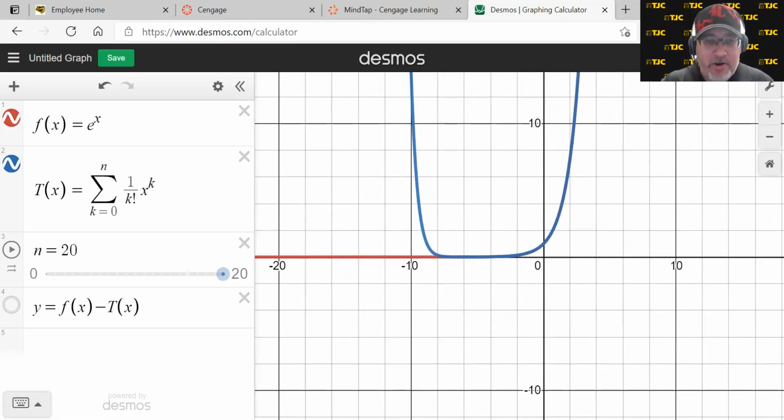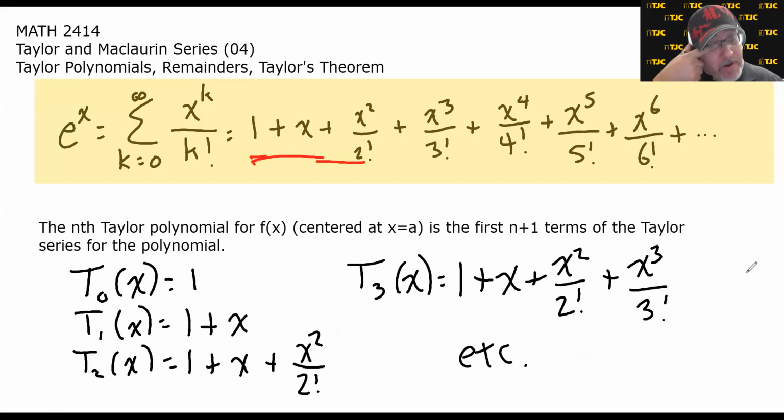But how do we show that theoretically? In order to show that theoretically, we need to talk about the difference between the function that we're approximating, e to the x, and the polynomial approximation of it, the Taylor polynomial.